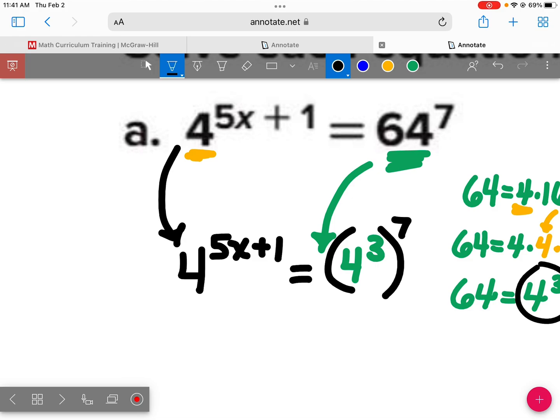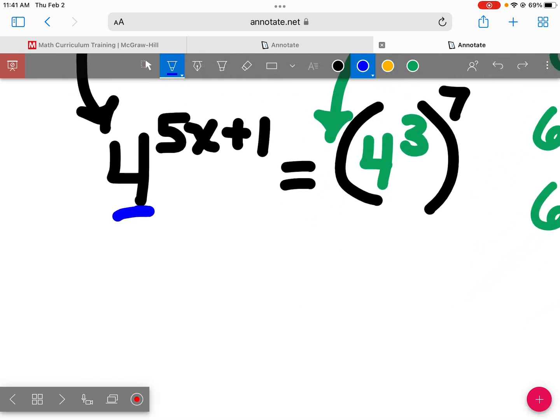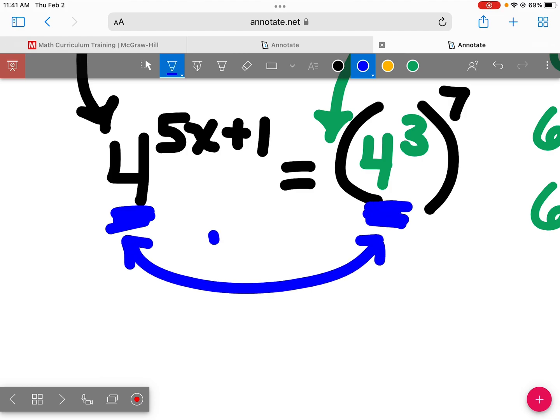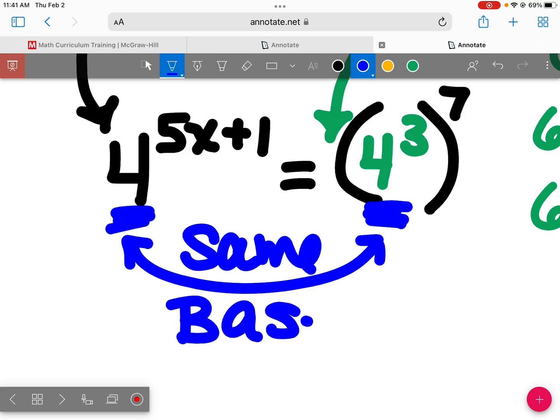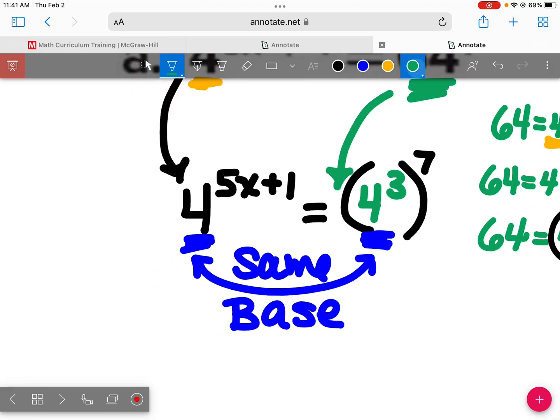Do my bases match now? Yes. Same base. So what does that mean about my exponents? They are equal.